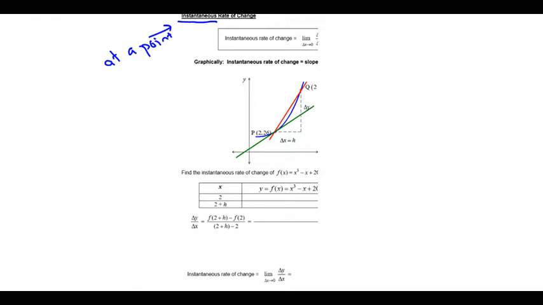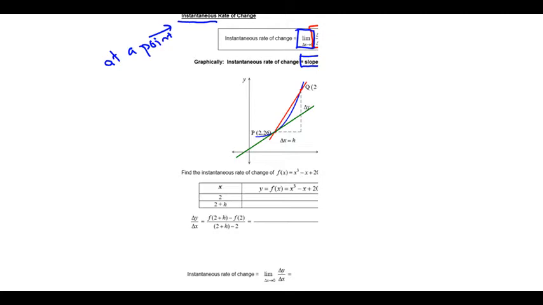And the way that we find the instantaneous rate of change is we first look at the average rate of change and find the limit as delta x approaches 0. So graphically, the average rate of change was the slope of the secant line, whereas the instantaneous rate of change is the slope of the tangent line.